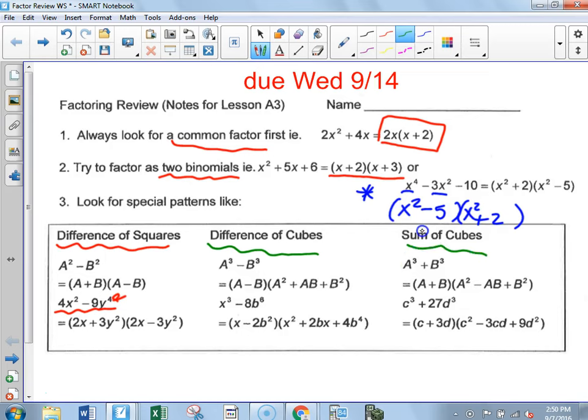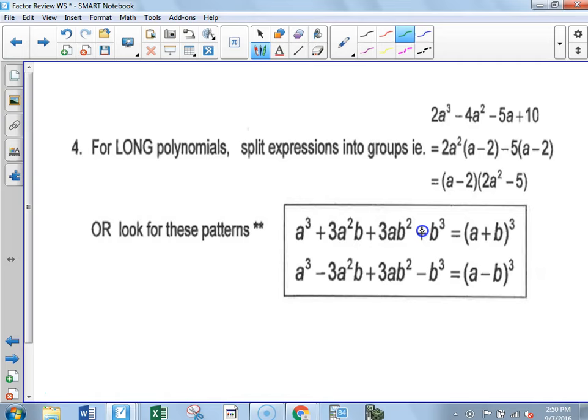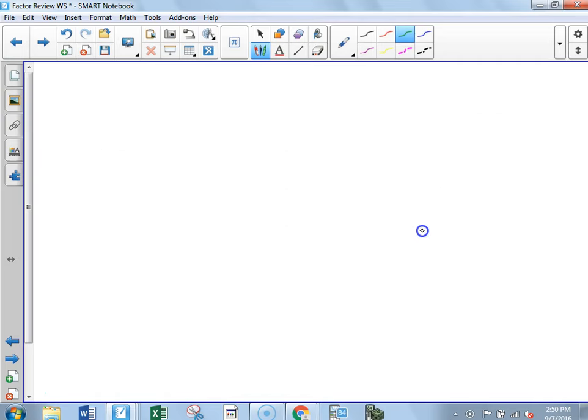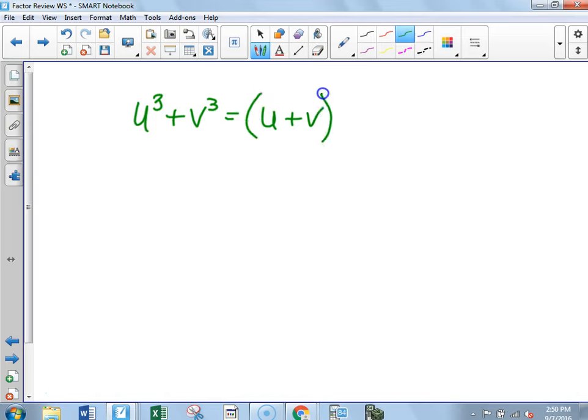Okay? I'm going to do an easy example first, and then we'll come back and talk about the one that's on there. The pattern is simply, if you have a u cubed plus a v cubed, you take the cube root of each and you write the factor u plus v. Now watch my little arrows closely here, okay?